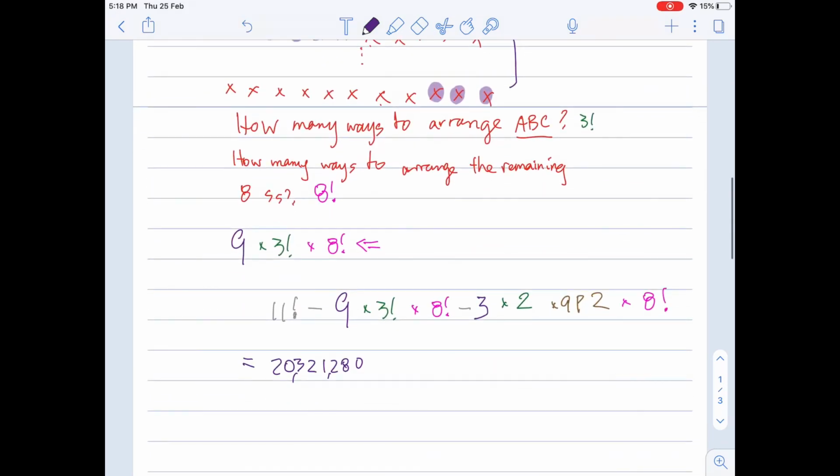So this is what we do. This is when A, B, and C are grouped together. And this is the number of ways when two of the A, B, or C are grouped together.